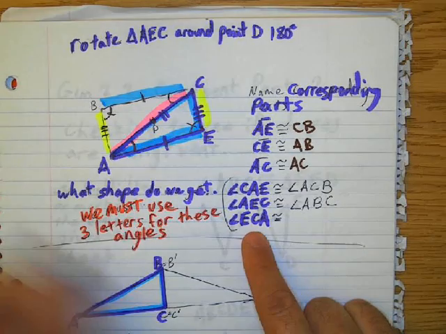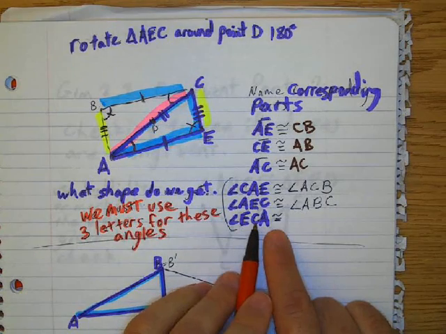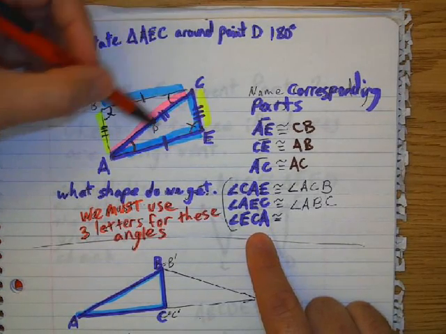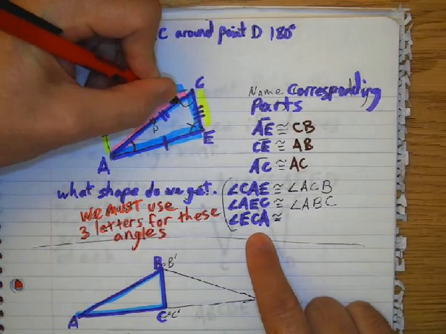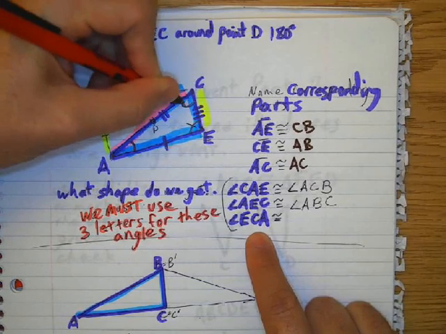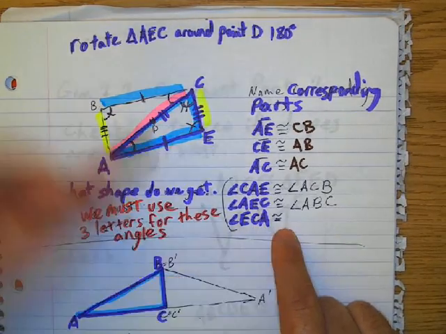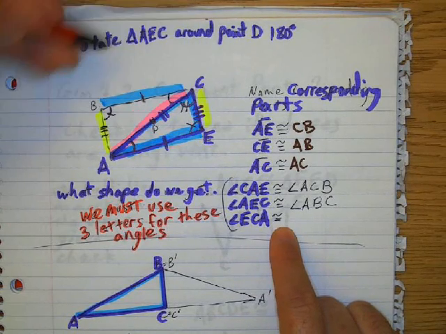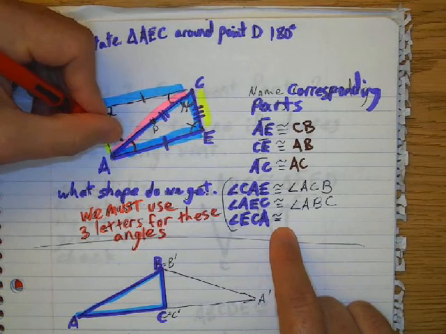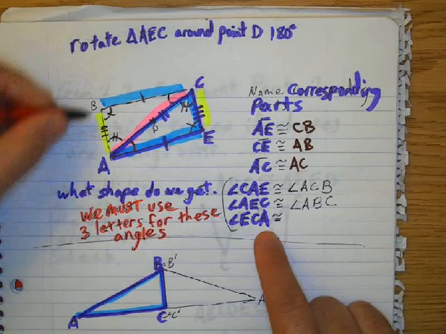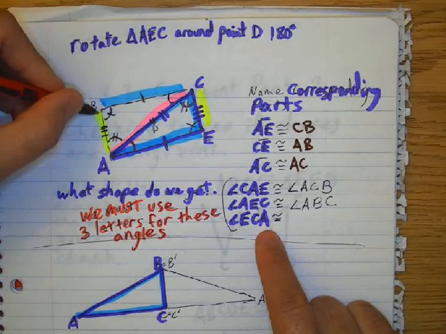Okay, let's look at the next one. ECA. I'm going to put an arch with two marks, ECA, and that's between the pink and the yellow. Over here between the pink and the yellow, I'm going to put an arch with two marks, and I'm going to say it's BAC.